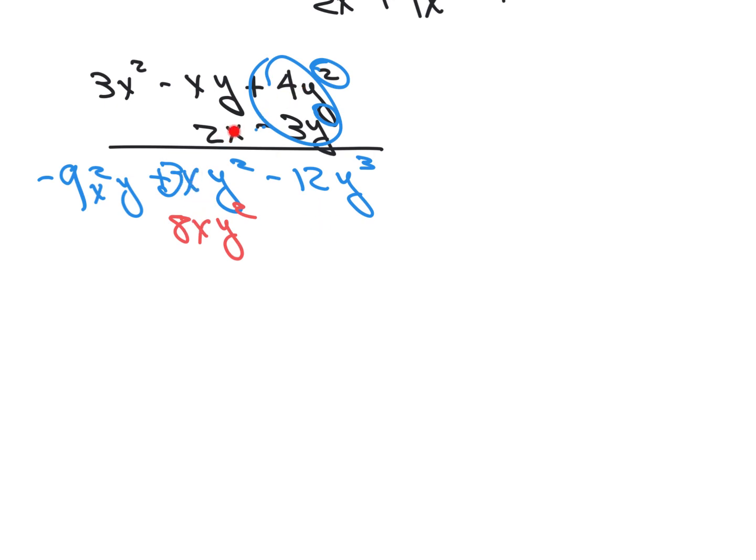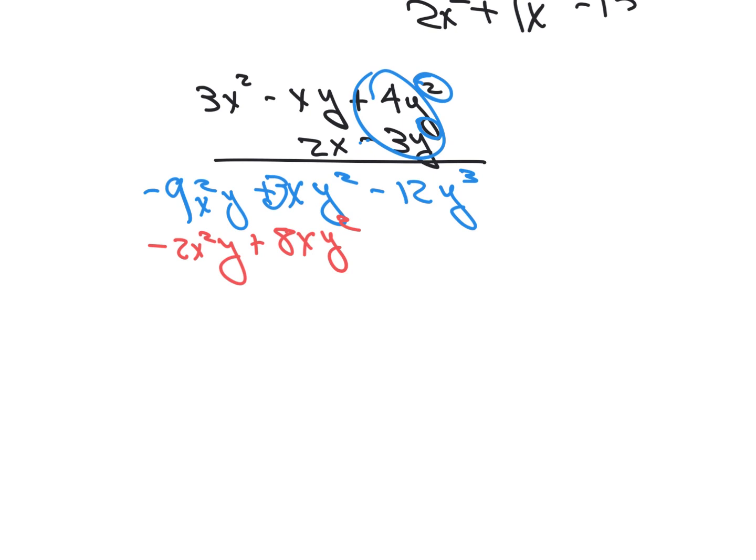So that times that, and I'm going to do this times this, which is going to be negative 2x squared y, because x times x is x squared, and y times there isn't anything, it just stays there like that. Let's move this over a little bit.